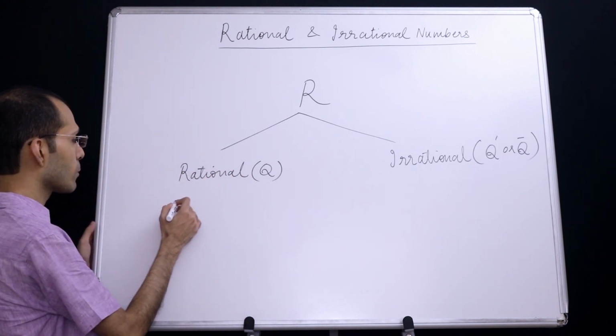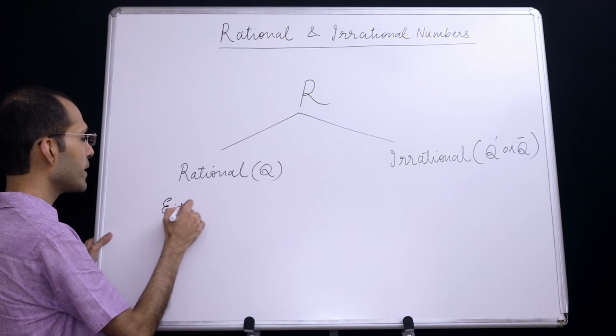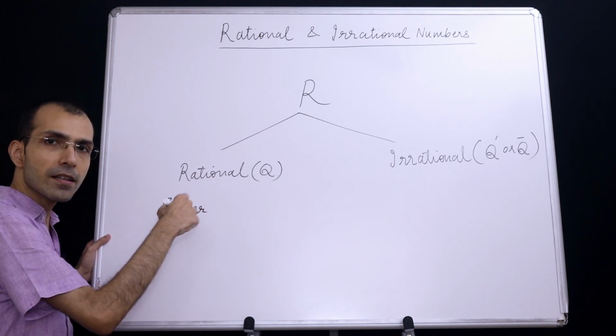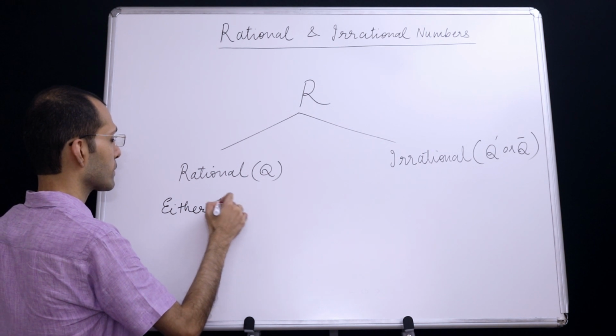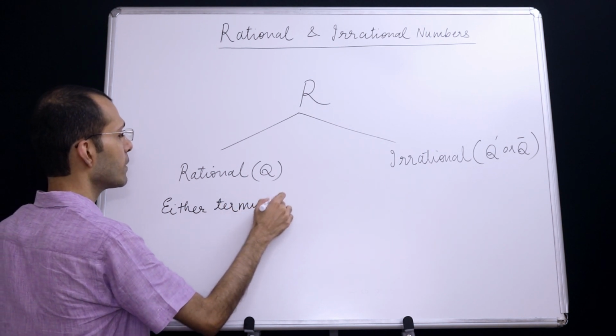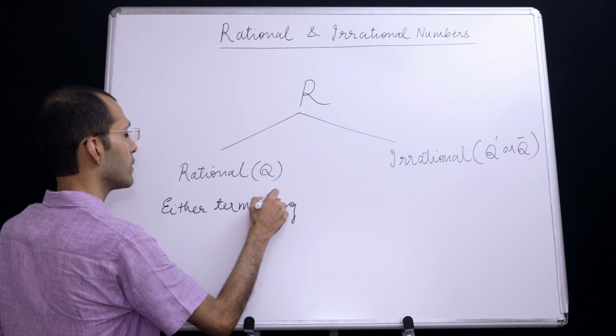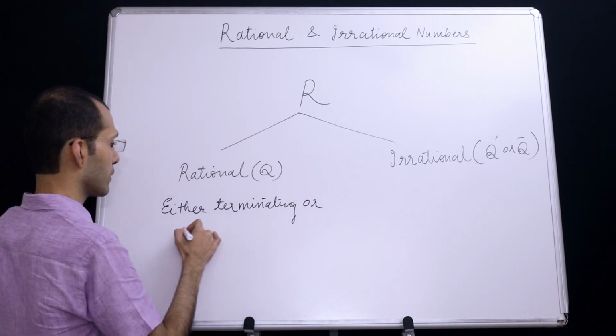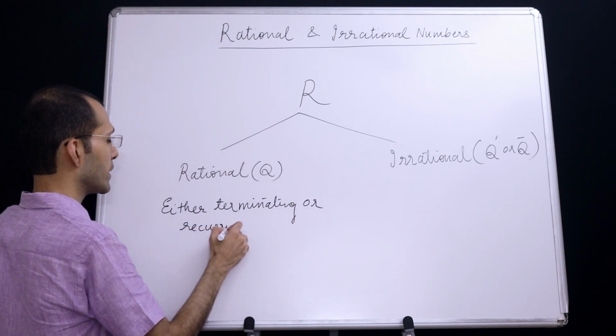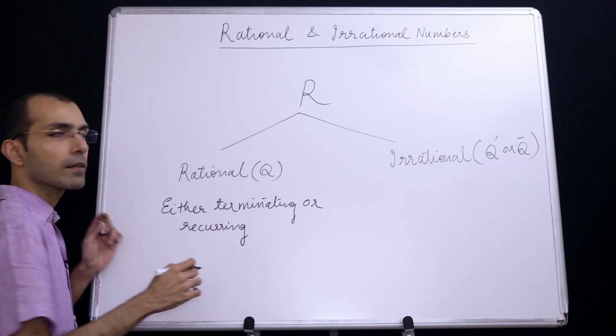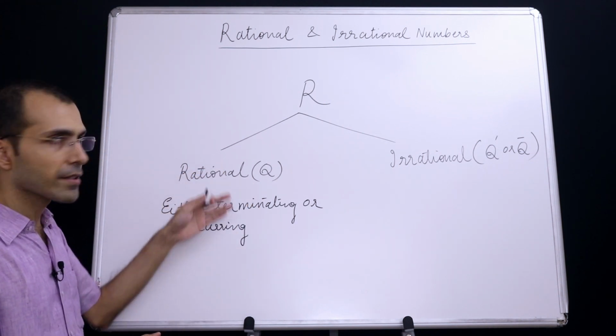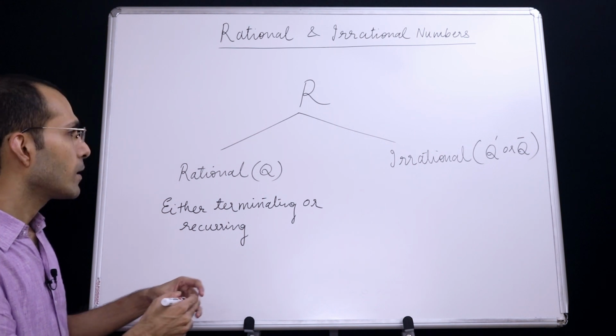Easier way to understand would be any number you take either terminating or recurring. Either terminating or recurring numbers will be rational. We'll take some good examples.